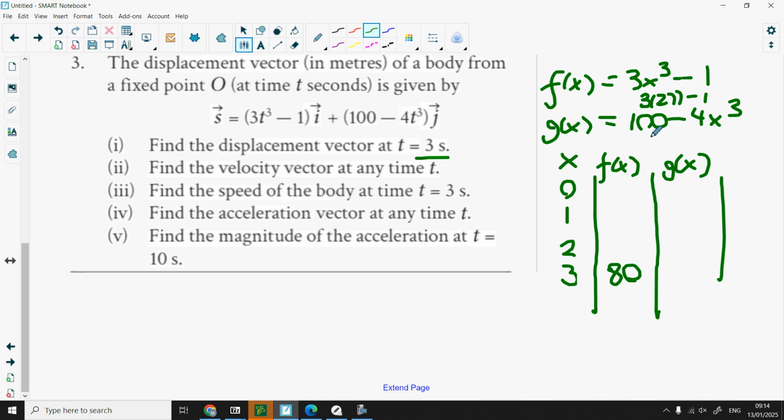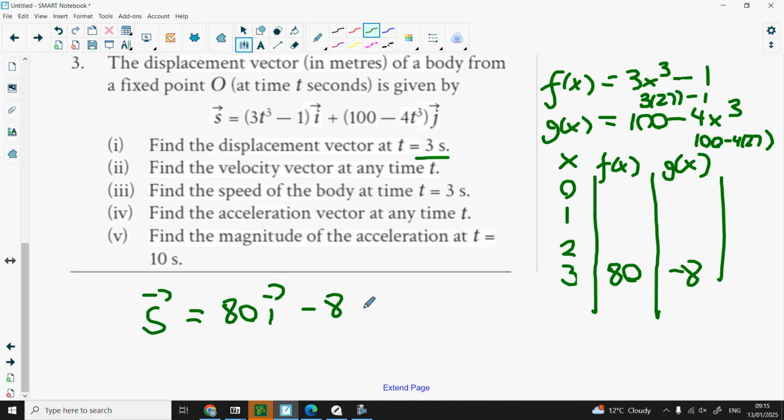And on the other one, it's going to be 100 take away 4 times 27, so minus 8. Then it's asking me for the displacement vector. So what does that mean? S is 80i, which means 80 across, and minus 8 down.